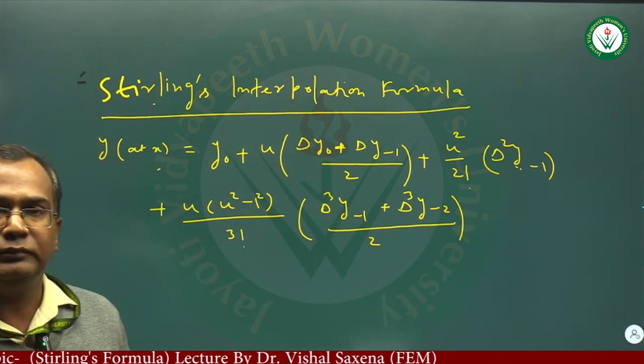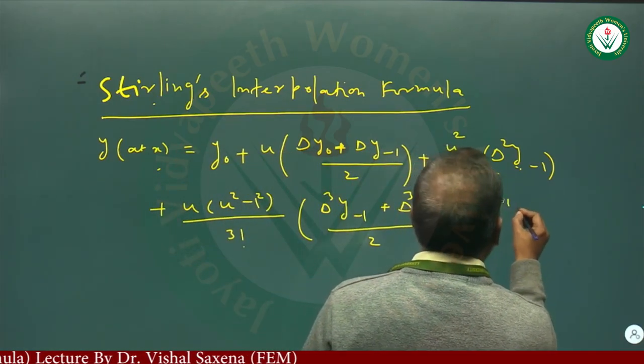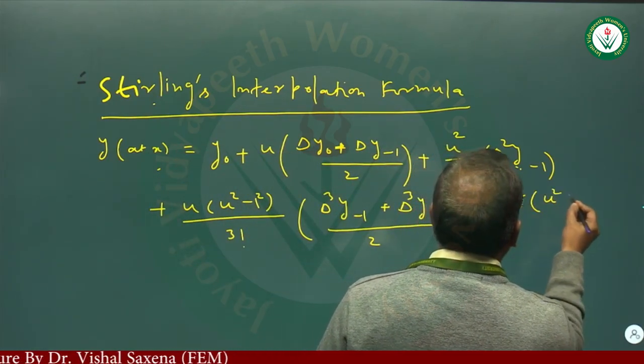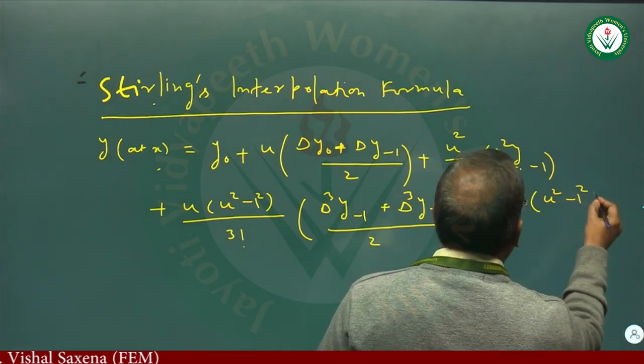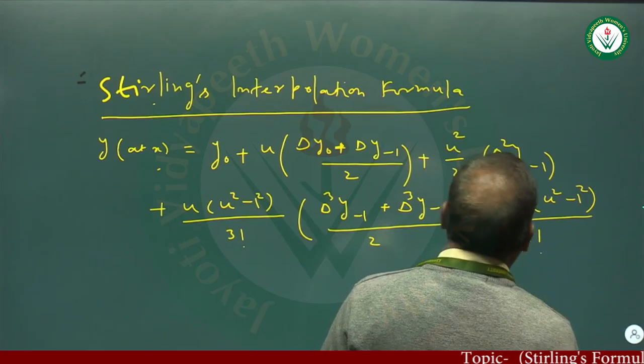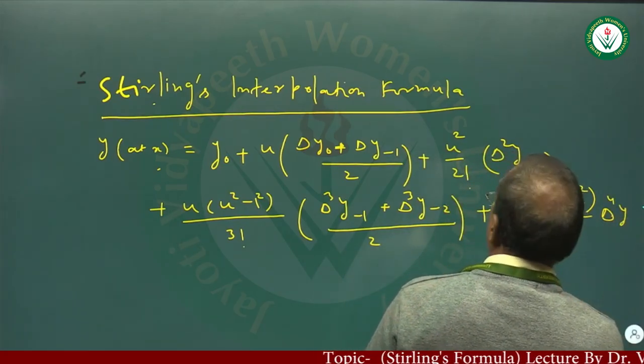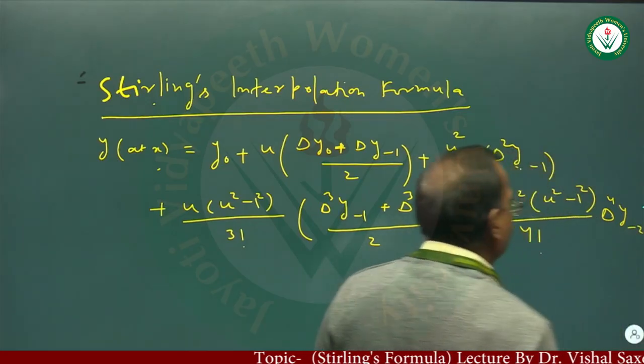Then the next term is u square into (u square minus 1 square) upon factorial 4, and then del 4 y minus 2.